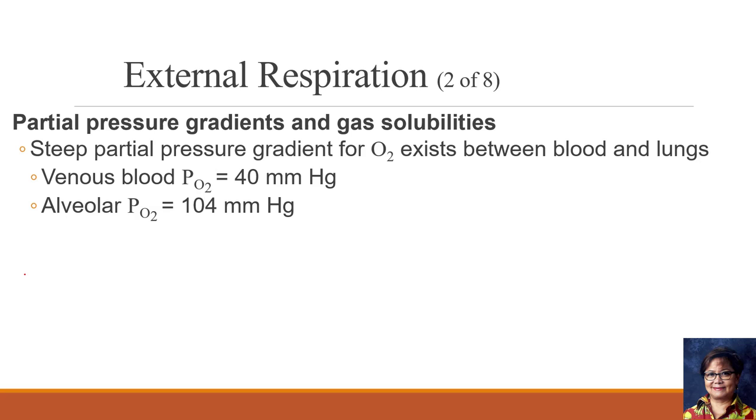Meaning if you are relying on that partial pressure between the alveoli, which is 104, and your 40 in the venous blood, your alveolar oxygen will be diffusing crazily into the blood, because it's from high to low concentration. That's the way diffusion flows. So this is the one that drives oxygen to flow from your alveoli into the venous blood.